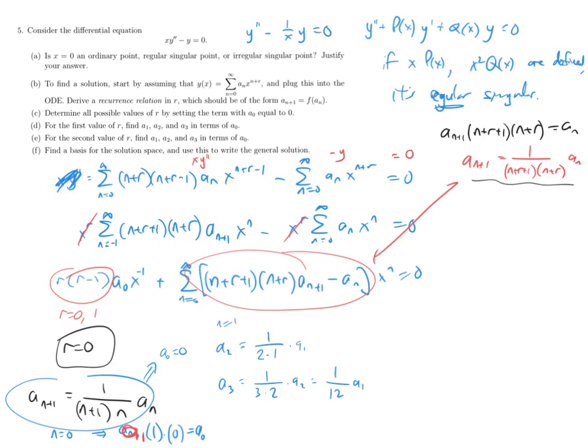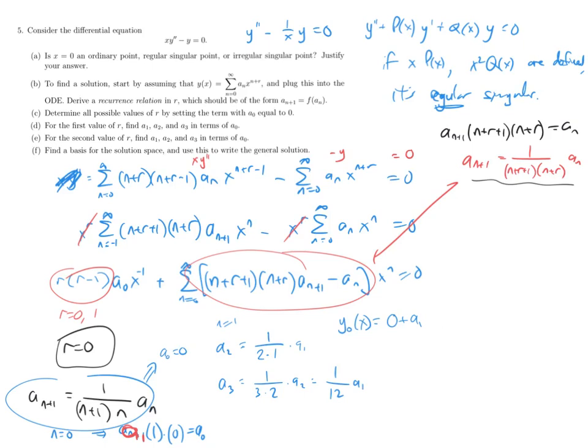And so y_0(x) equals 0 plus a1 times, sorry, the n equals 1 term is 1/2.